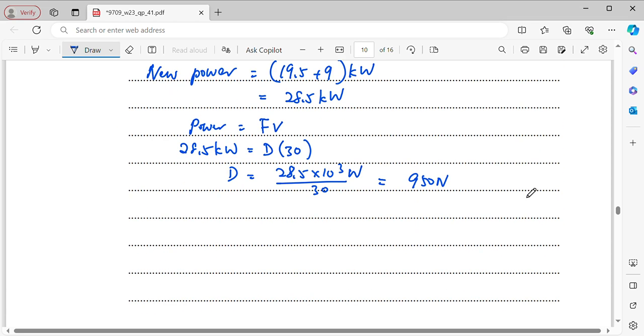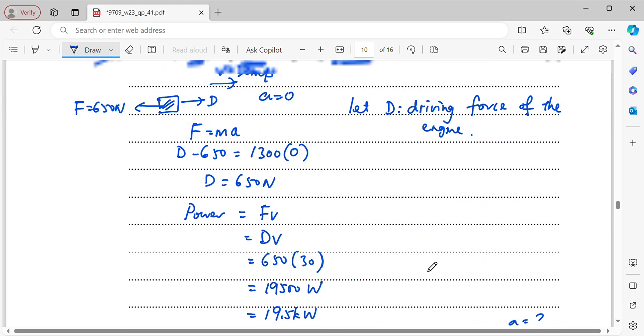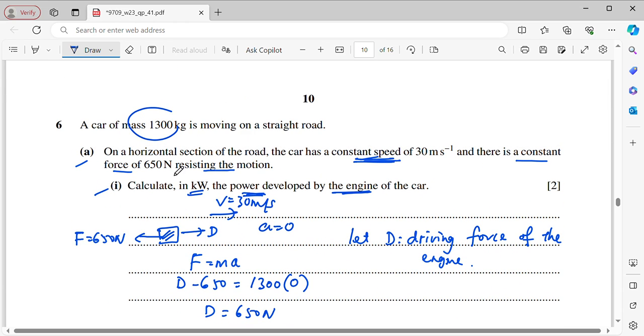Right, so actually I shouldn't write the D here because this is the F, not the driving force yet. This is the F. Now we know that F equals MA. Based on the previous calculation, this is a D and this is a FR. Okay, I will write FR here.